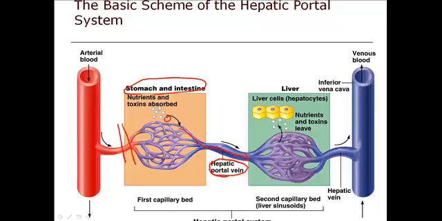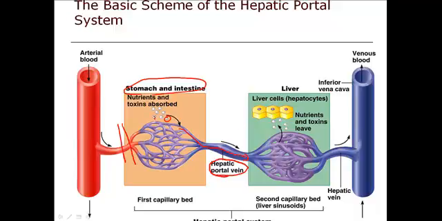Two capillary beds, capillary bed to capillary bed instead of capillary bed to heart. Very simple. So while this venous blood is in the liver, it's delivering all the nutrients to be modified so that your body can utilize them.